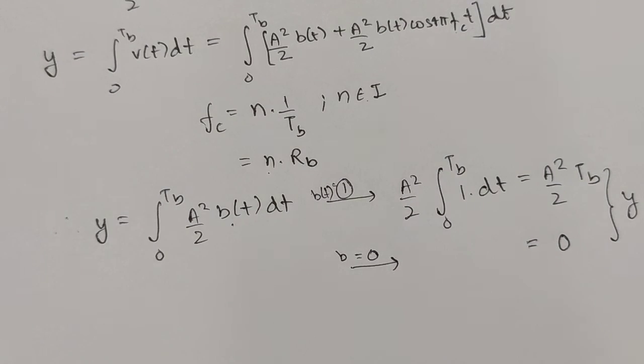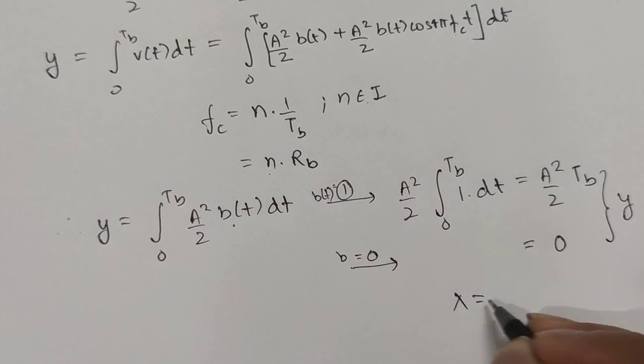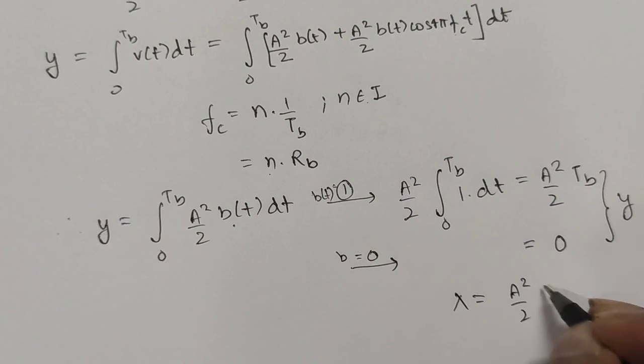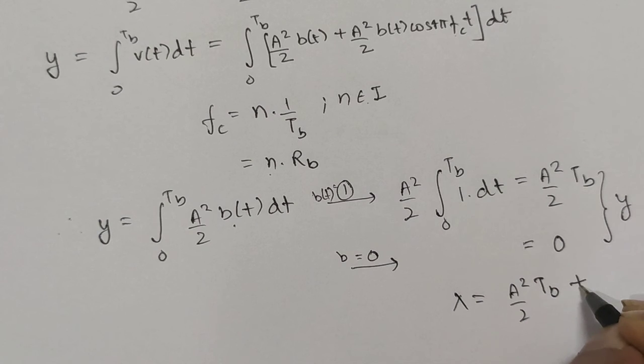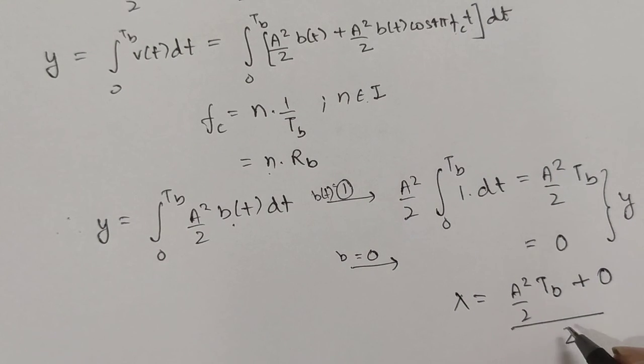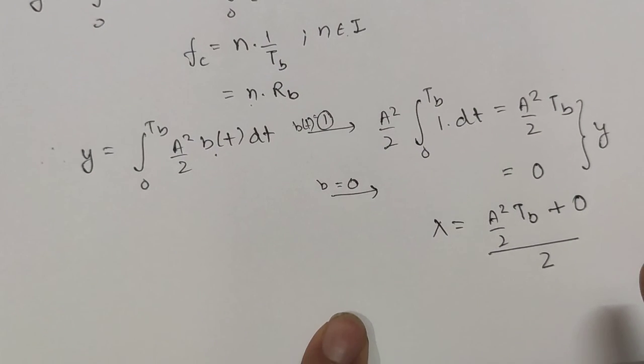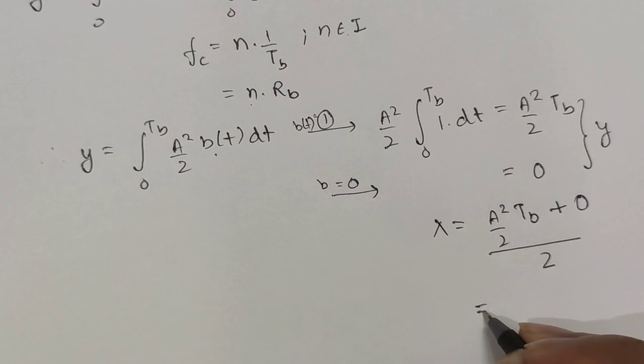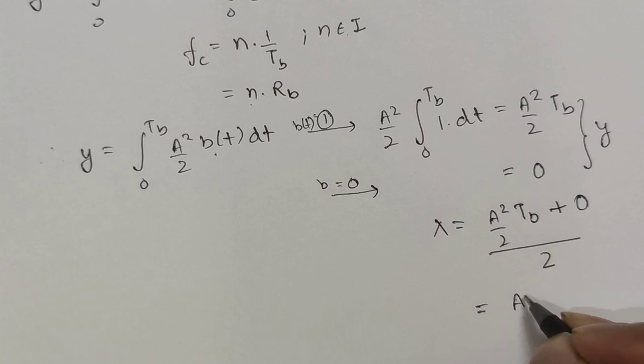To find the threshold, we take the mean of these values. So lambda will be simply the mean of A squared Tb by 2 plus 0, divided by 2, and we will get A squared Tb by 4.